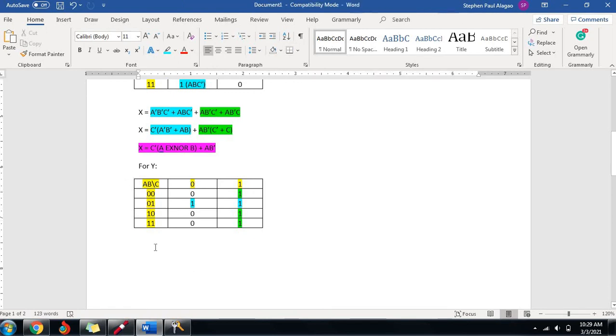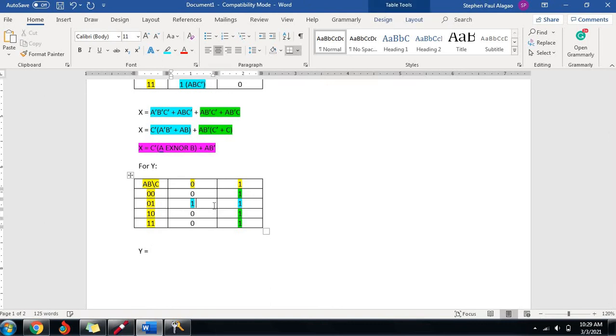So, for the solution, for y, that would be equal to, let's start with the blue first. For the blue, you have A bar, and then you have B, because B is 1, and then you have C bar.